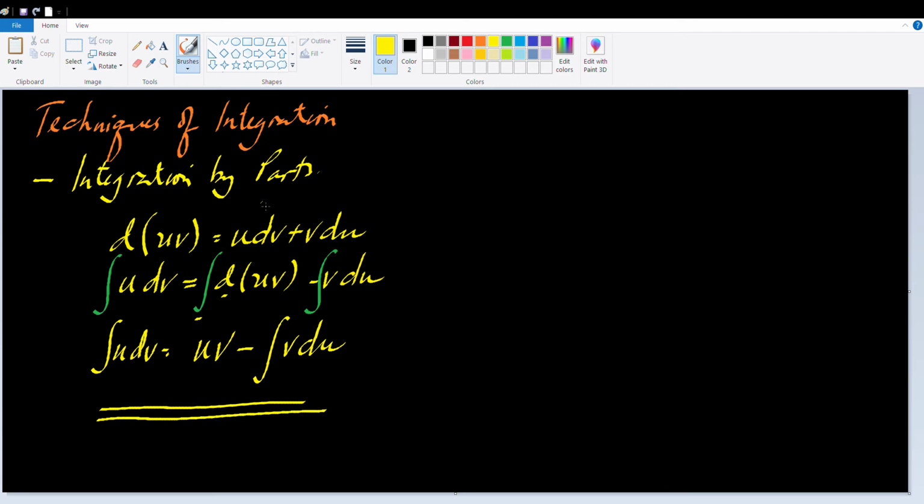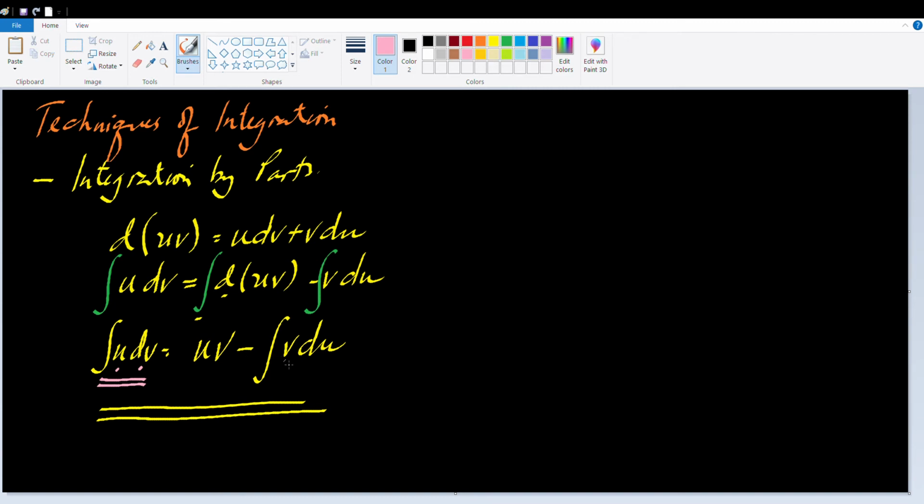So for a given integral u dv, we will select our u and our dv. We need the product uv. Now the function v can be determined from the differential of v by evaluating the integral of dv, and then subtract the integral of v du.